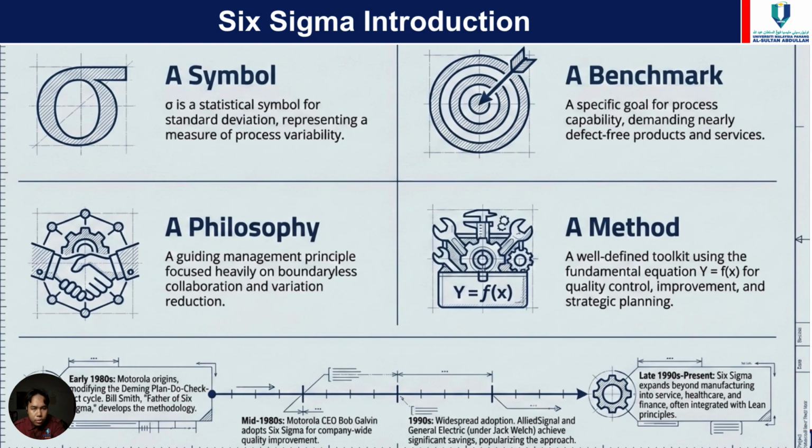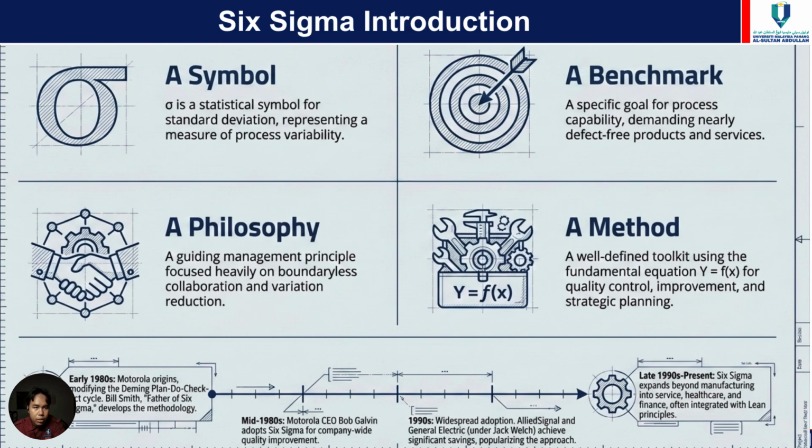Six Sigma is also a philosophy, a guiding management principle focused heavily on boundaryless collaboration and variation reduction. Six Sigma is also a method where we have a well-defined toolkit using the fundamental equation y = f(x) for quality control, improvement, and strategic planning.